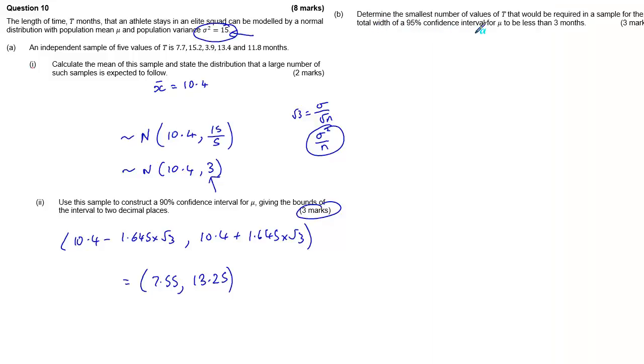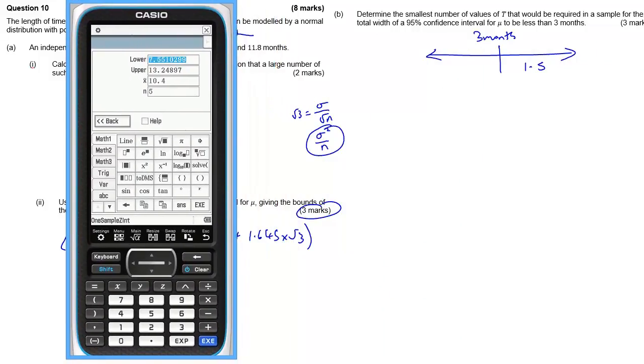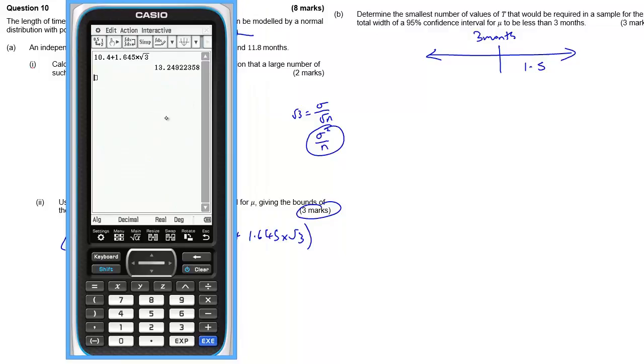Determine the smallest number of values of t that would be required in a sample for the total width of a 95% confidence interval for mu to be less than 3 months. So we're talking about the whole confidence interval being 3 months, and therefore half of it would be 1.5 months. It's a 95% interval we're after, so we need the relevant value of z.